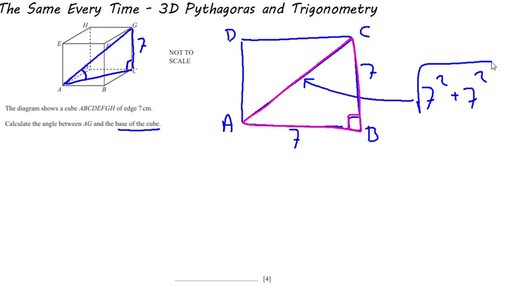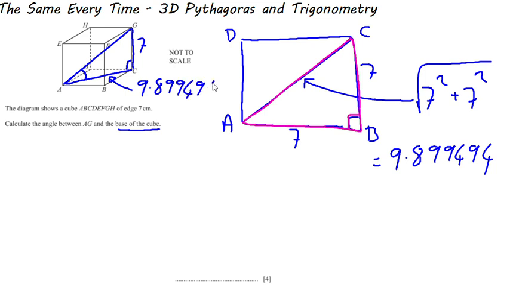So 7 squared plus 7 squared, square rooted, and that will give us 9.899494. Right, so that is the length from A to C, which is 9.899494.